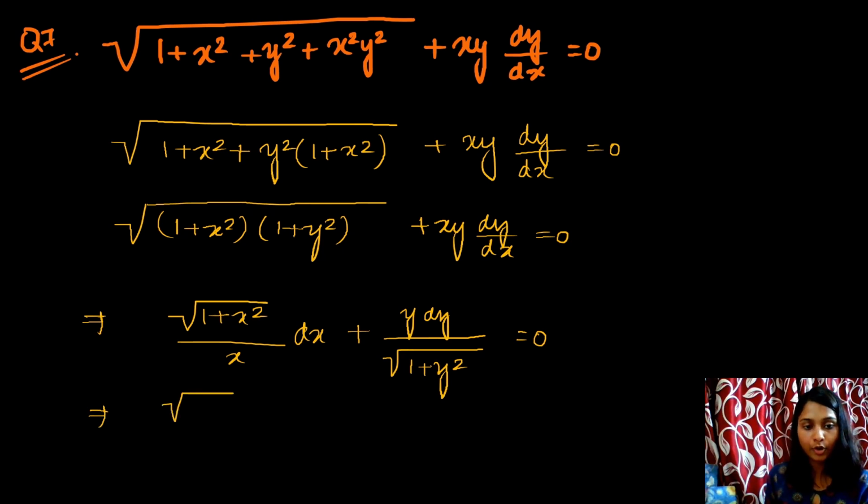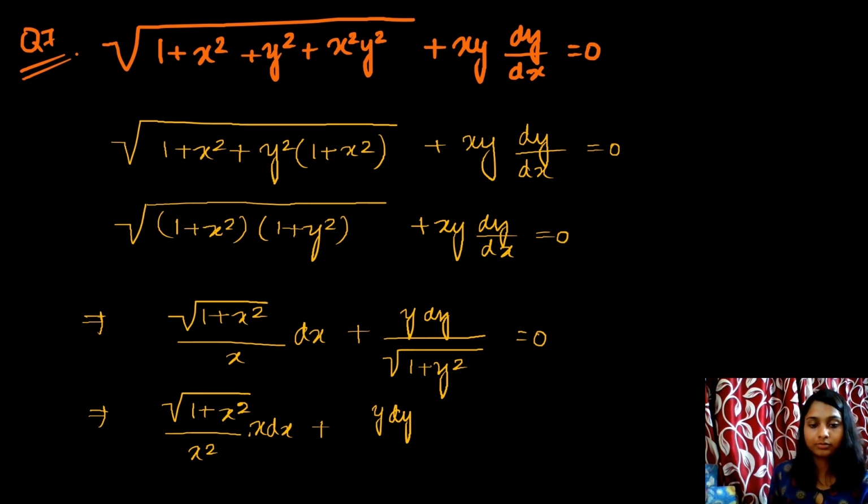Therefore, we have root over 1 plus x square divided by x square dx plus y dy, and there is x, root over 1 plus y square equals to 0.